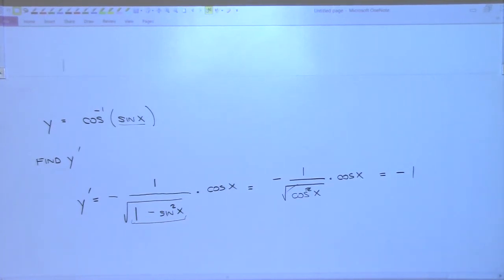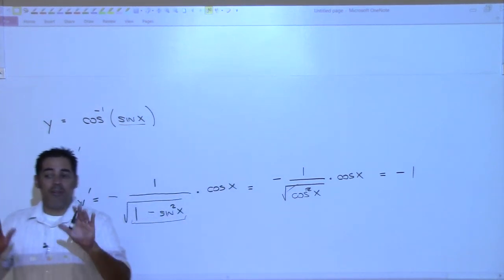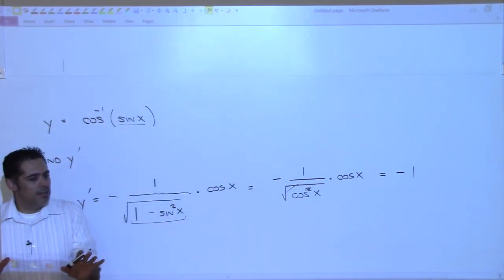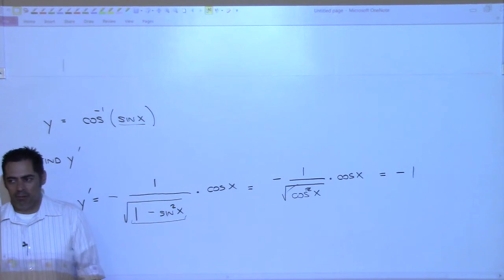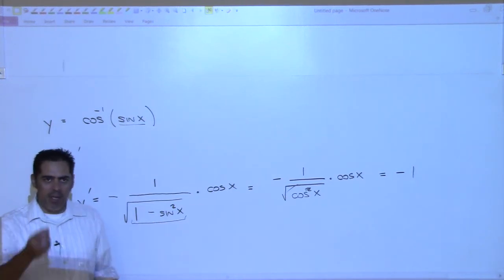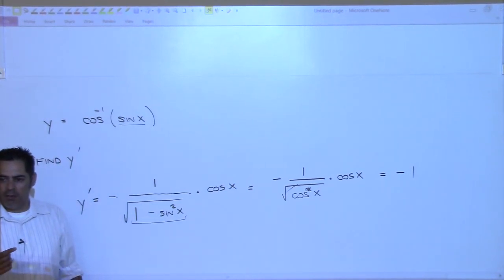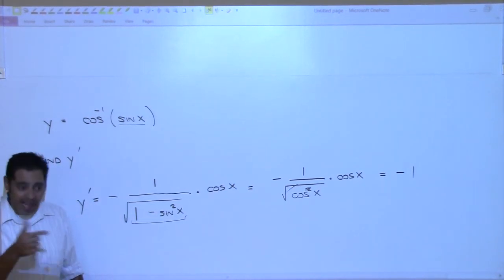What? That makes no sense. Does it make any sense? Something's weird here. Because look, if I came in here today and I said, hey, look, the derivative of something is negative 1. What is it? What would you tell me? Take the derivative of something and you get negative 1. What is the function? Not negative 1. That's negative x.